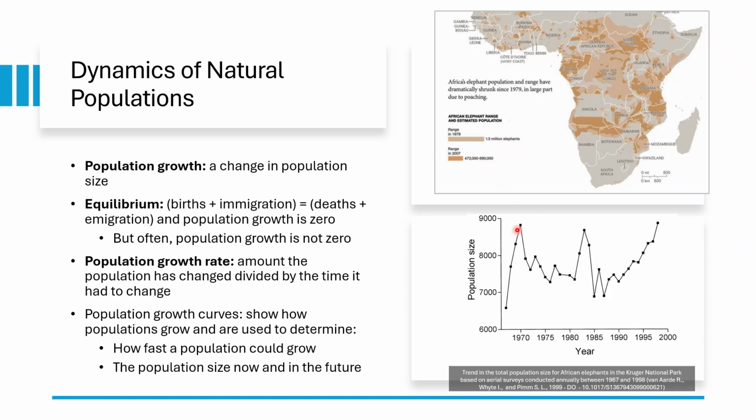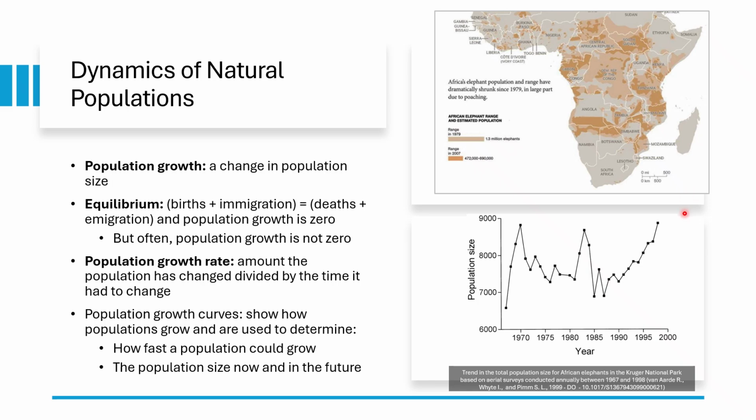And as you can see here on the population growth chart, before the 70s, the population was increasing, and then we had decades of war, at least a decade, and then the population rebounded due to efforts for preservation, with ups and downs. And now in the 2000s, it seems like the trend is really going upward.